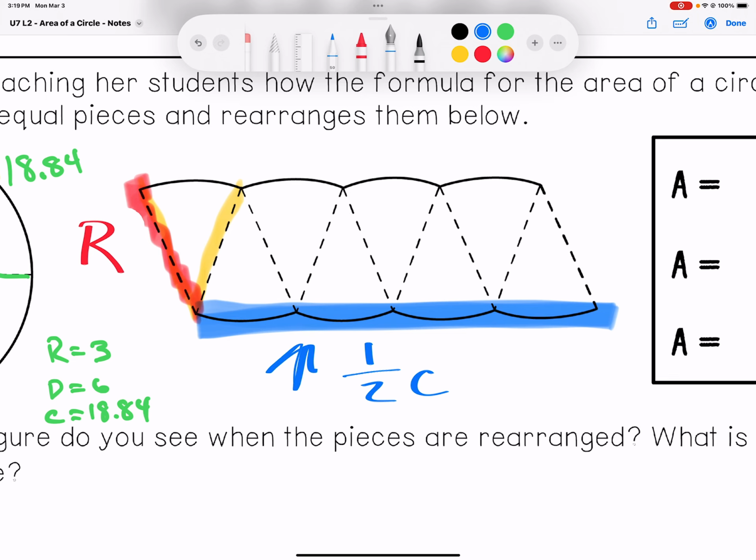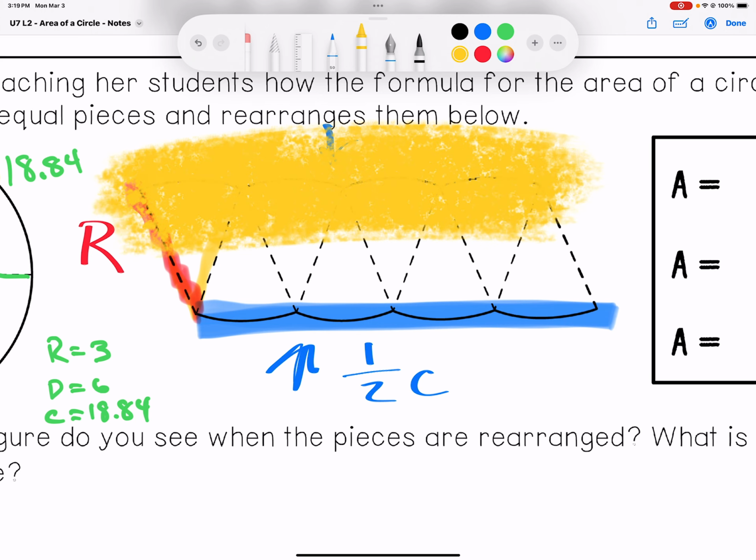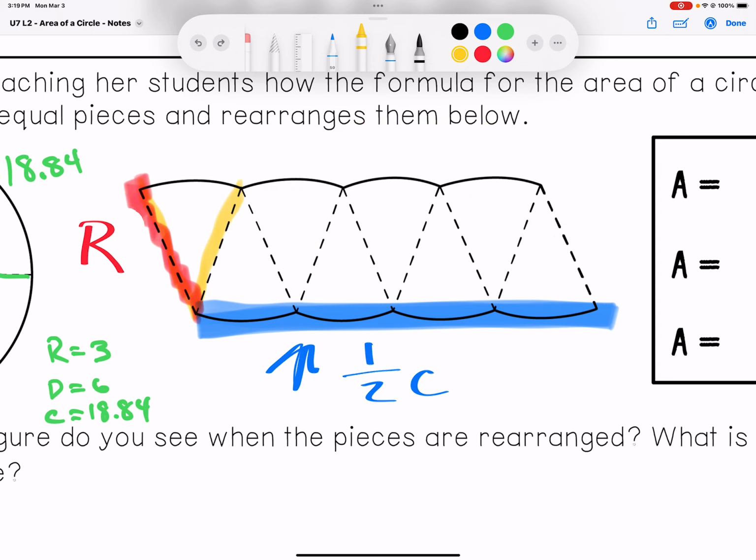So this is half of it. Where's the other half? It's up top, okay? The other half is right there, okay? So that little part right there was the circumference on the bottom down there. So it is half of the circumference because it's halfway around and the other half's up top.